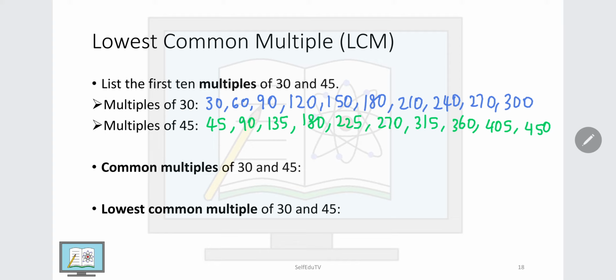The list is endless, so that's why usually you'll be asked to list the first 10 multiples. You only need to list until the 10th.